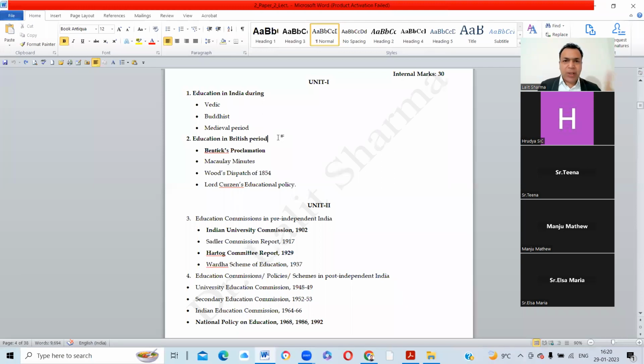A long question should be of 7 pages, with a time of 35 minutes, as we discussed in the previous class. So 7 into 4 is around 28. If you attempt 6.5 or 6, that is okay. Around 26 to 28, around 27 pages would be filled. The rest 9 or 10 pages you can use for the 4 short answers.